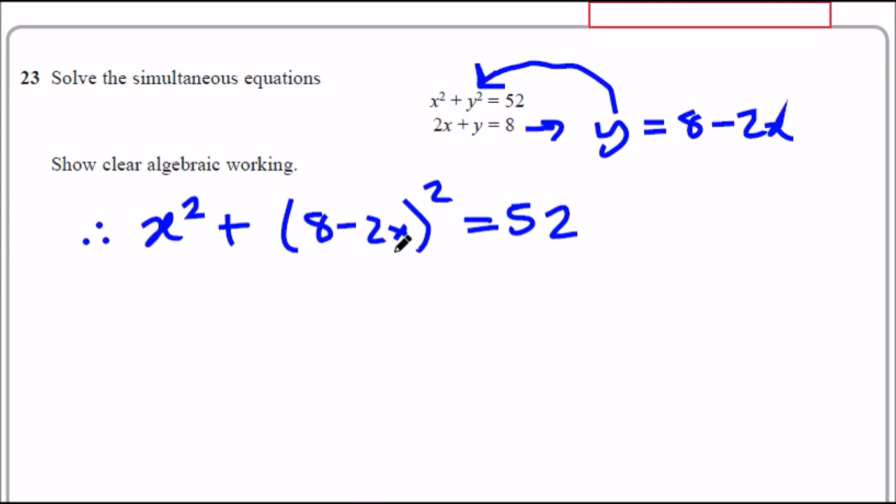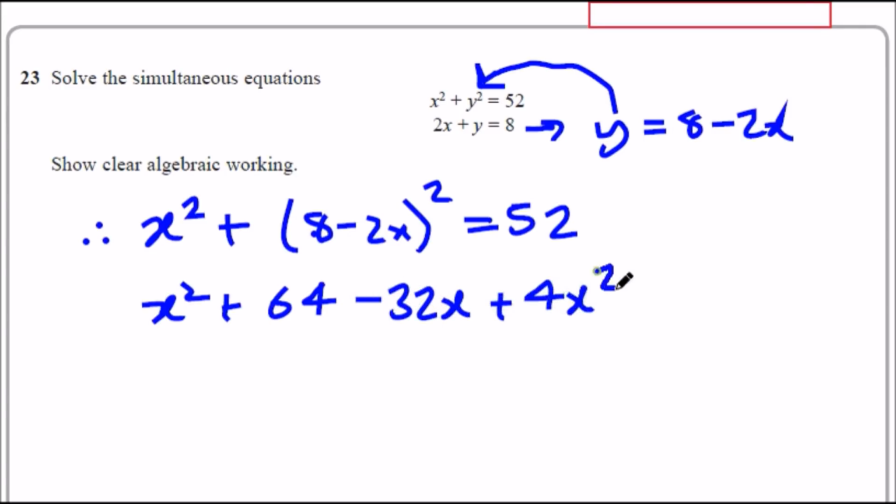Now just solve this. So expanding this bracket, the first term we have is x squared. Multiplying this out, remember we've got 2 pairs of brackets, so using FOIL, you're going to have 8 times 8 is 64, 8 times minus 2x is minus 16x, and you're going to get another minus 16x, or minus 32x in total, plus 4x squared. And this must be 52.